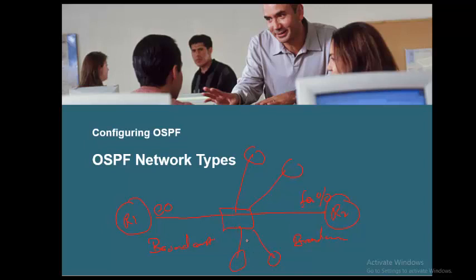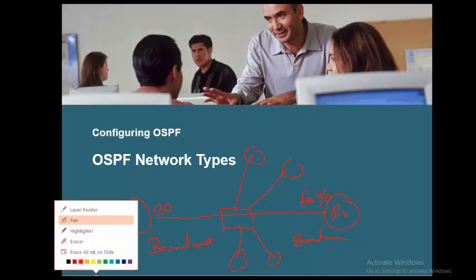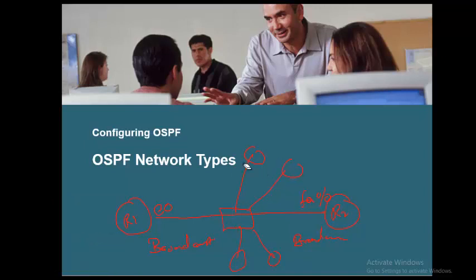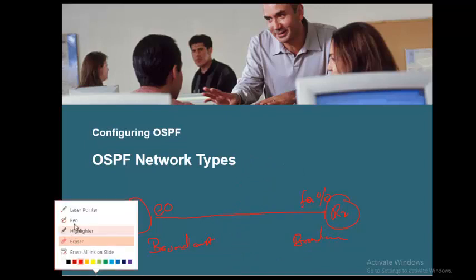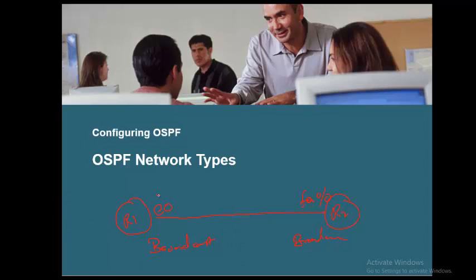Those routers that you may connect, or you may not also connect multiple routers. You may have only one router, but still, whenever you have Ethernet as an encapsulation type, OSPF assumes that you may have more than one router as a neighbor.